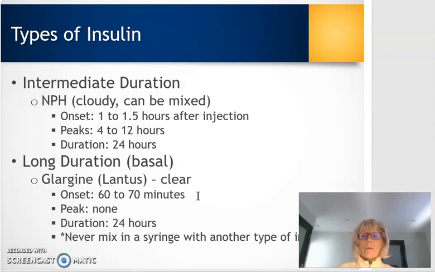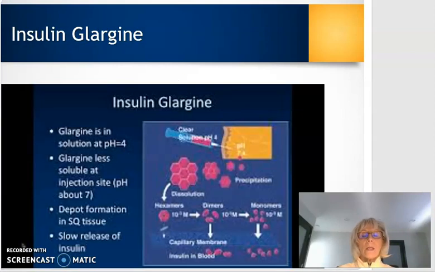The other thing you need to remember about this is that you never mix it in a syringe with any other type of insulin. It has to be given in its own injection, and that's a critical point. The reason for that is, physiologically, when we give it, it creates these precipitates, these crystals, almost, underneath the skin.